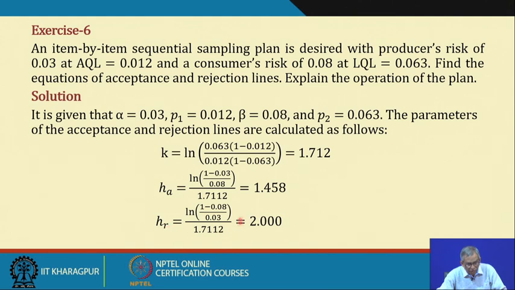Again you get the corresponding values, and you get HR as 2.000. It is basically in terms of k, everywhere you will find it is divided by small k, and already you have computed the value of small k when P1 and P2 values are known.